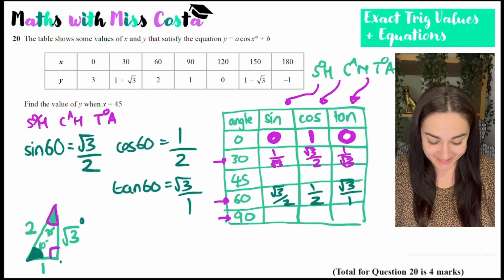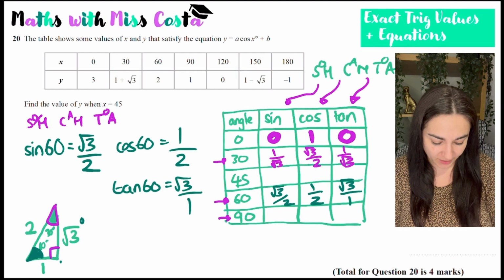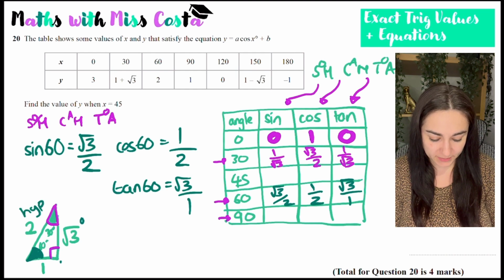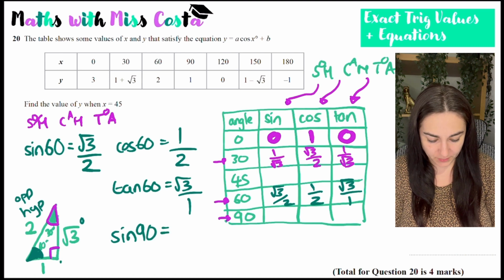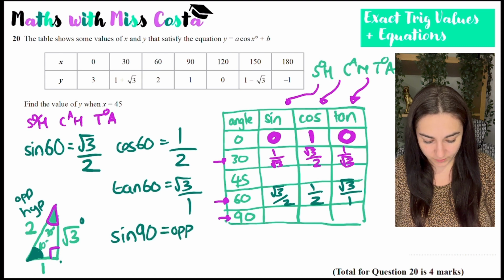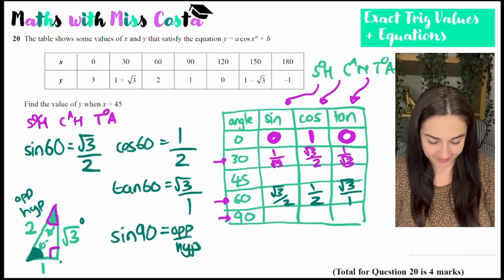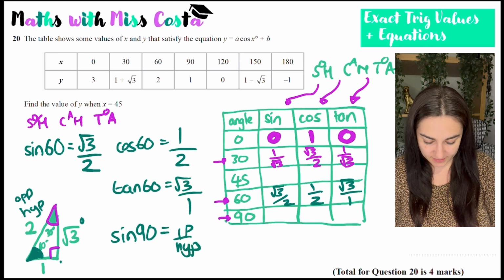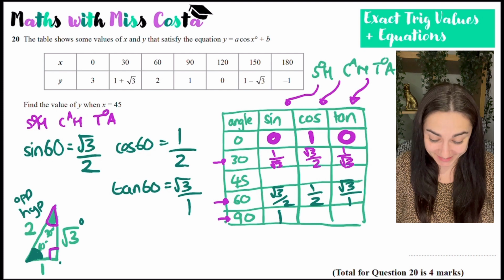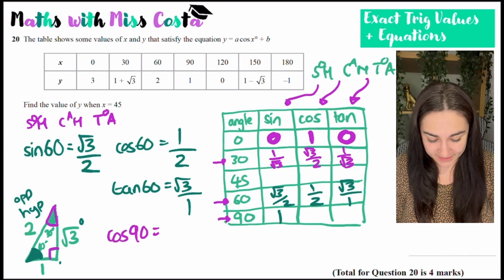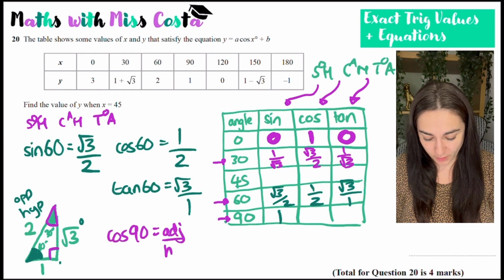For 90 degrees, it's a little bit of a strange one because over here we've got our hypotenuse, but that's also going to be our opposite. For sine 90, what do I have to do? I have to do opposite over hypotenuse. In this case, that is going to be 2 over 2, which is 1. For cos 90, I need to do the adjacent over the hypotenuse.